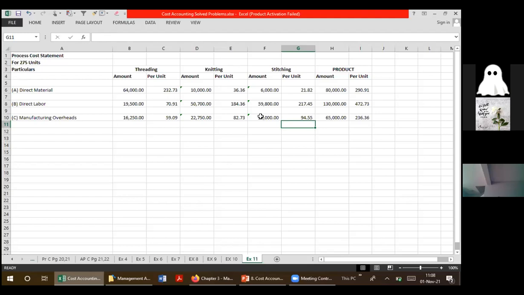So this will be 94.55, 82.73, 59.09. Because if you say 59.9, that is a different number, right? It is the wrong answer. 59.09 is the correct answer. That is why we pronounce digits after decimals.